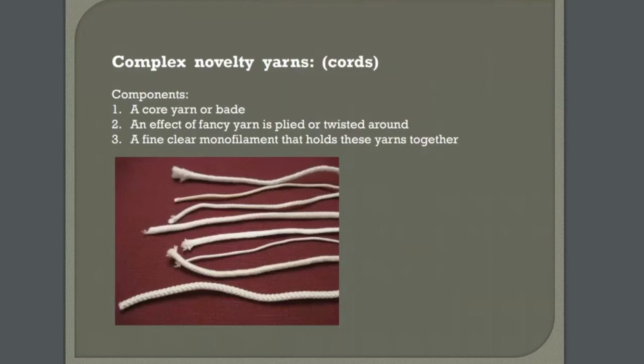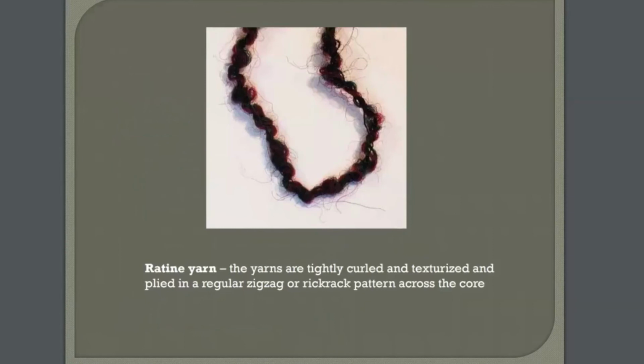So they start with a core, and then the yarn goes around it, and you're able to create different effects. So not just cords and braids and trims, but actual different effects with yarns. So we'll take a look at a different one of these.